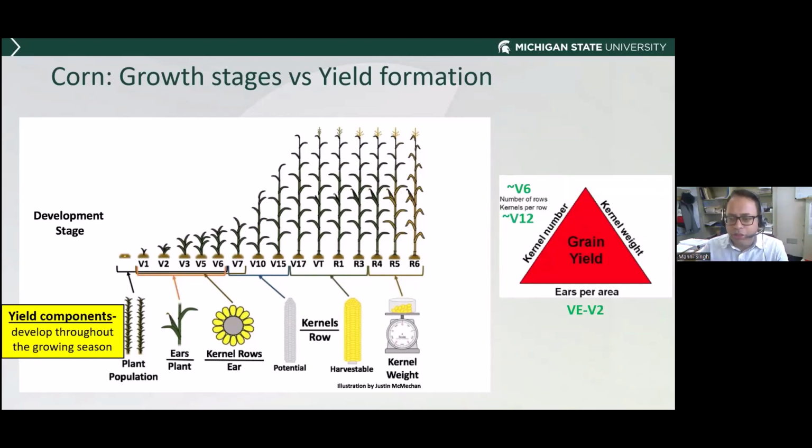They are already being determined between V6 and V12. So relatively early in that growing season, right? So that's why we have to be careful in terms of minimizing any stresses early in the growing season in a corn plant, right? And then the kernel weight is our final yield component, and that is being determined relatively late in the growing season.